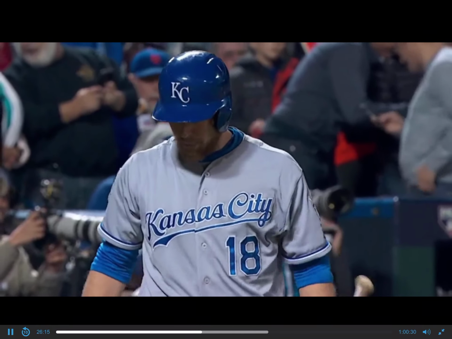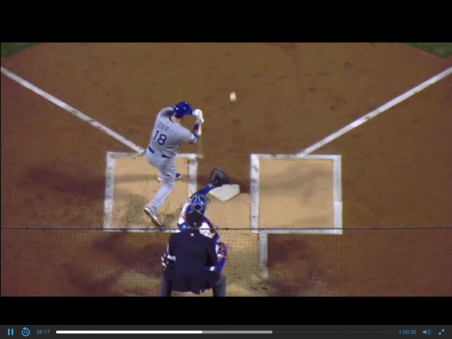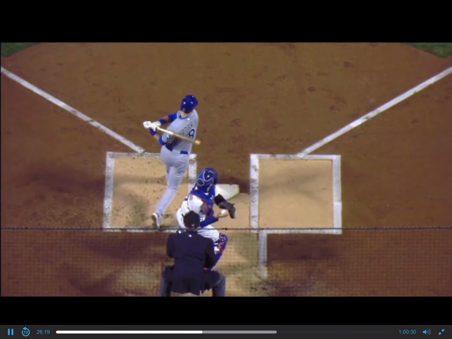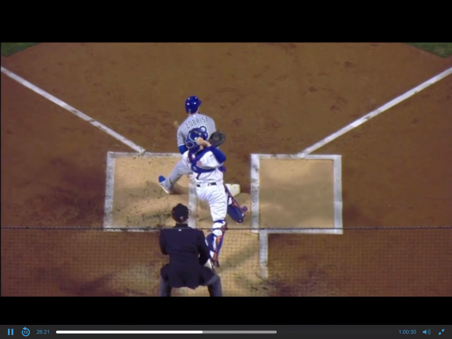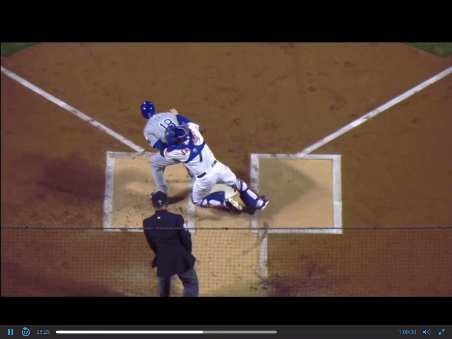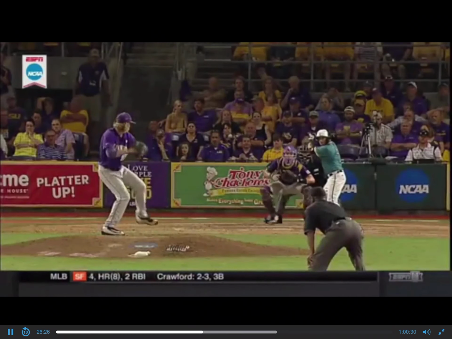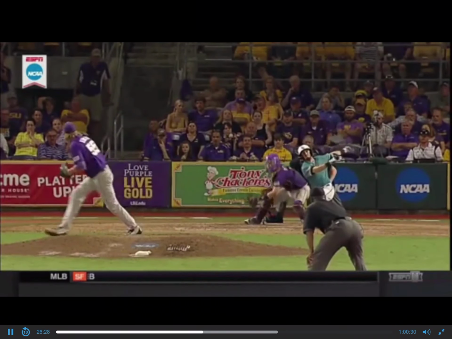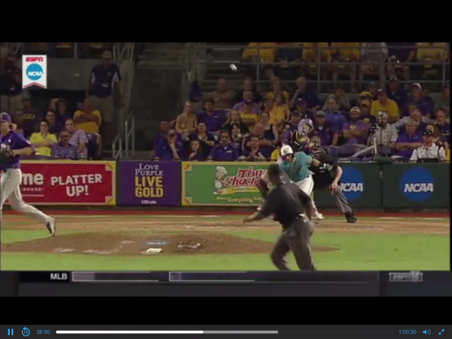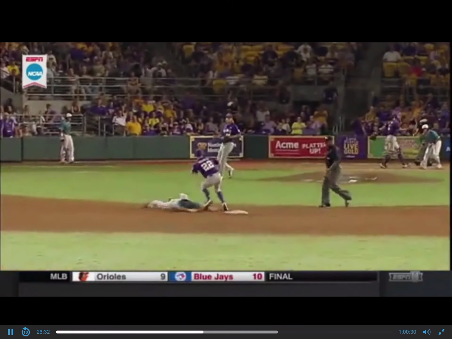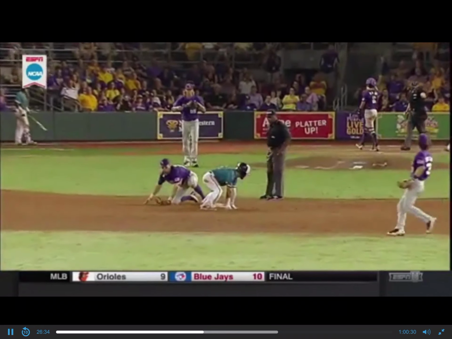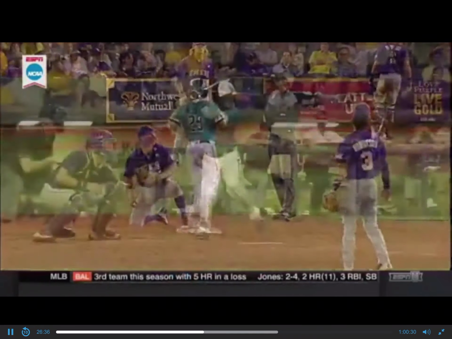First time up, Ben Zobrist struck out and then interfered. Let's listen in to first base coach Rusty Kuntz. We now call the runner on whom the play is being made on out. In this case, R1 is now out going to second base. So ultimately we have a double play here.